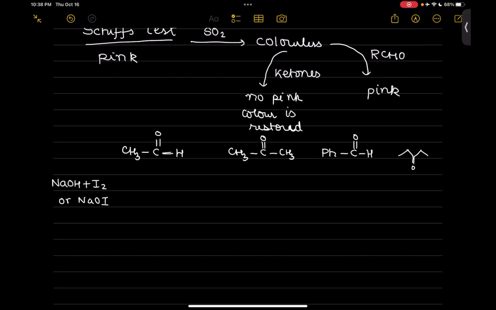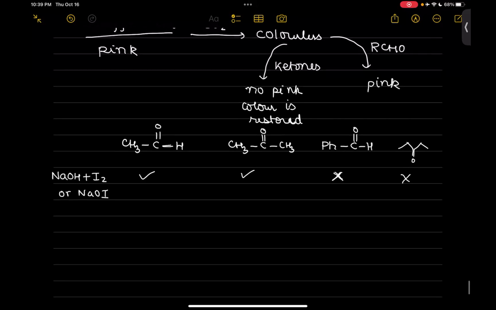Acetaldehyde, will it react? What will be the outcome? How will you know that it has reacted? Because it is a laboratory test, you should be ready to answer the observation. So what is the observation if it reacts?